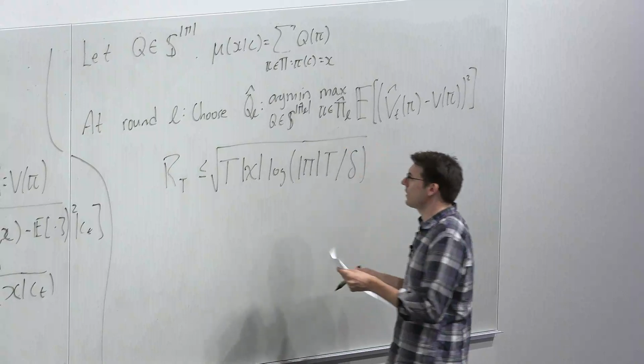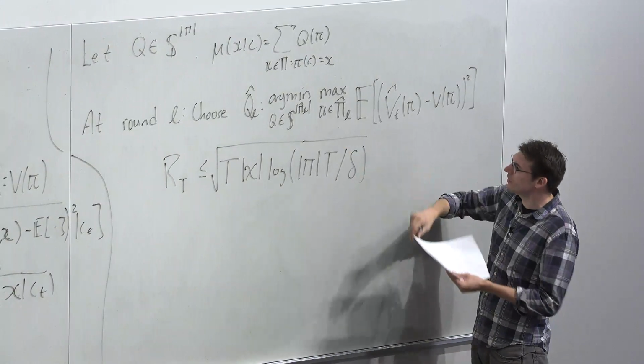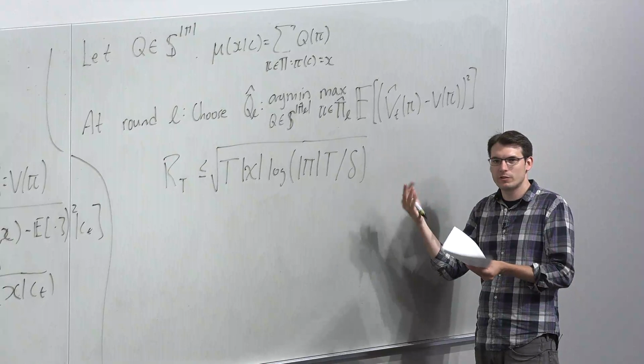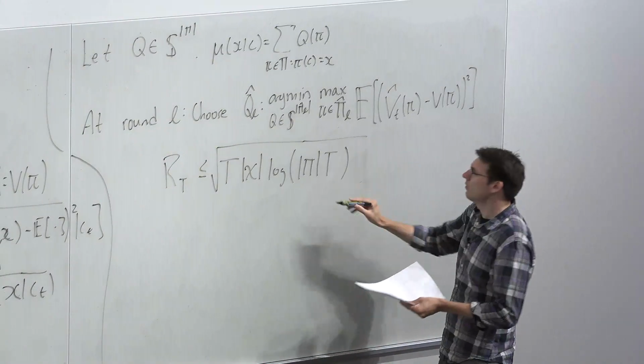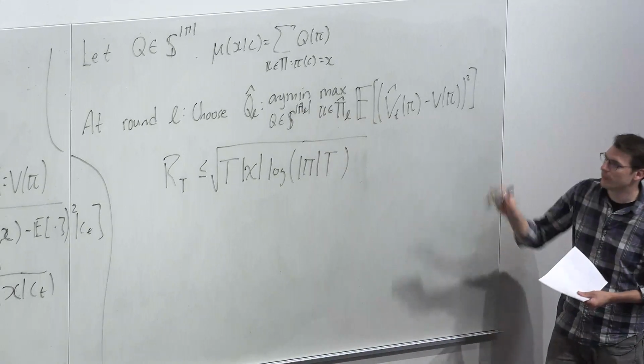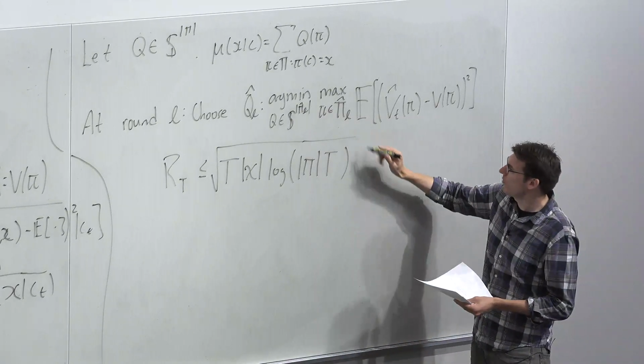And then, of course, that's with high probability, probability 1 minus delta. When we do our trick with delta equals 1 over T, this goes away, and we actually get our R_T, just as we did before.